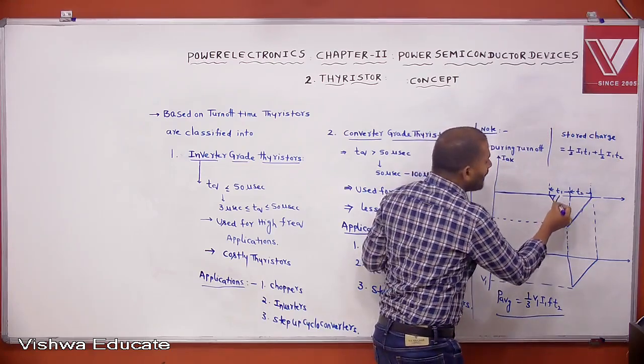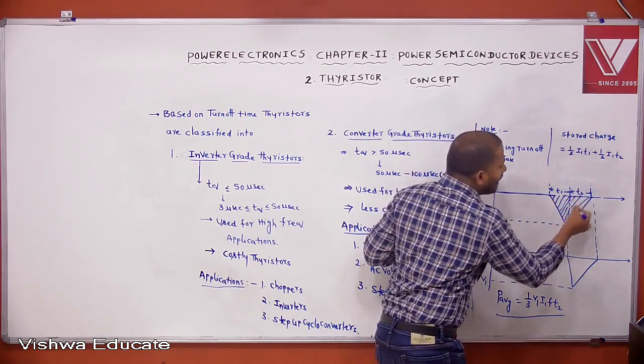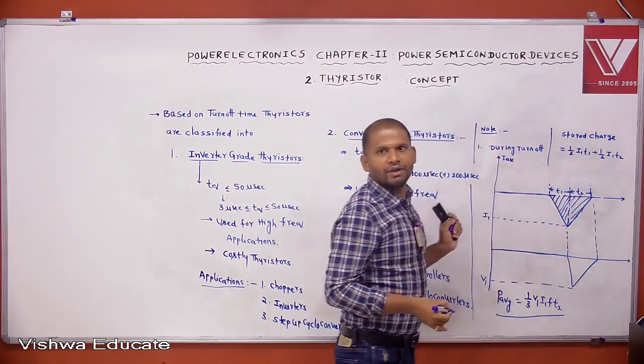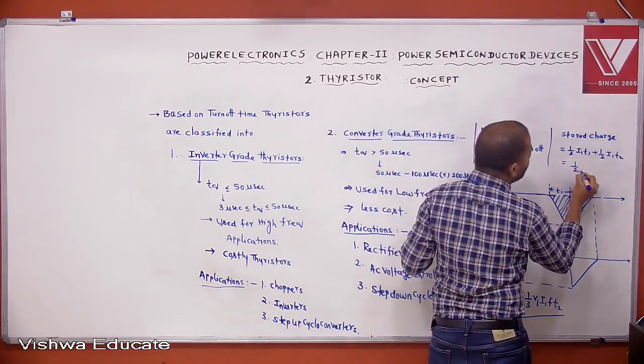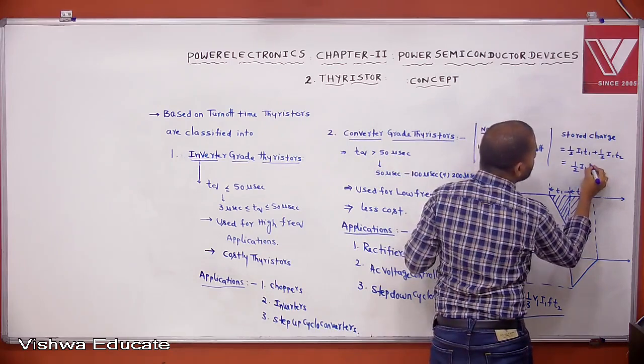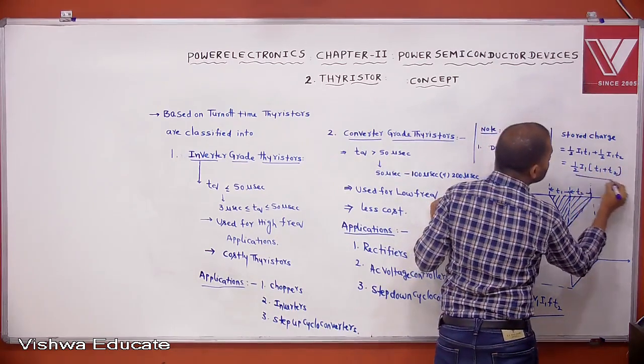Find the area of this triangle and the area of the other triangle, and add them. Then we get 1/2 I1 (T1 plus T2). This is the stored charge.